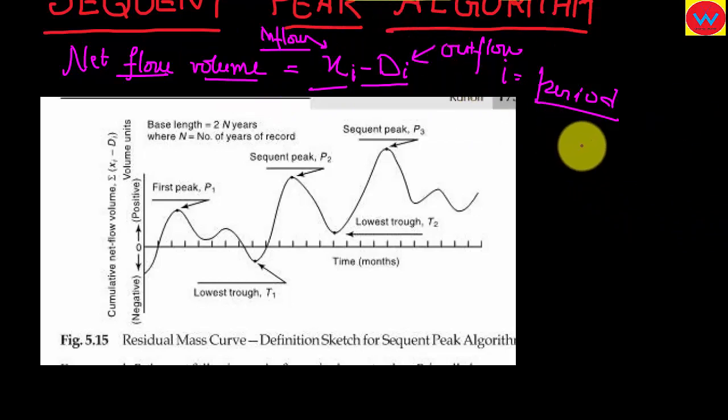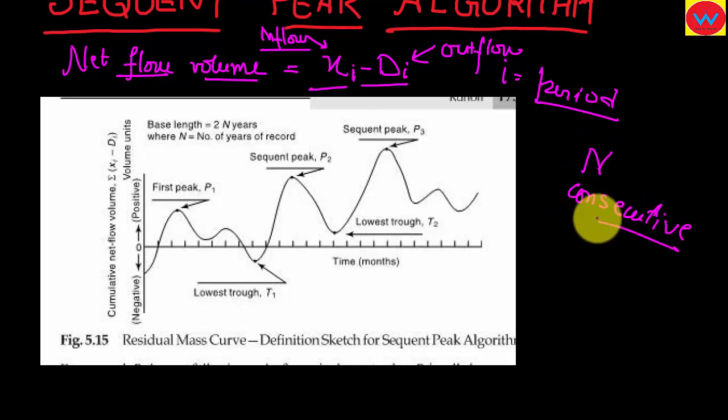In this case we have assumed the data to be available for n consecutive periods. It can be day wise, month wise, or whatever period you want to take. It is not necessary that they be of uniform length, but for practical purposes we take them as uniform, for example 1 month, 2 months, 3 months, or whatever duration we want.